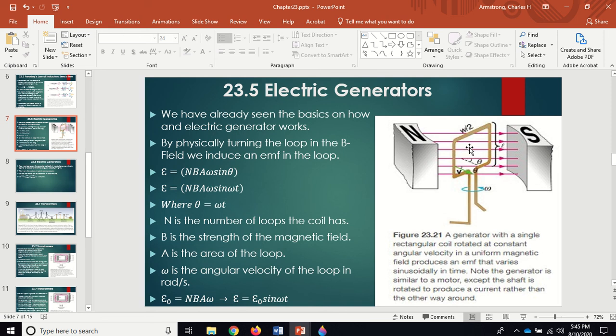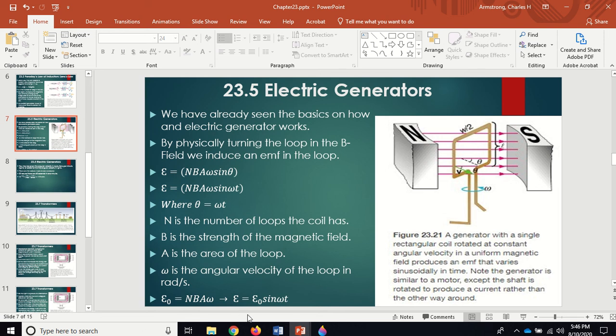That vector that is perpendicular to the area goes from being 90 degrees, so cosine of 90 degrees is 0, to 0 degrees between the perpendicular to the area and the magnetic field. So then you've got maximum. So that was the change in the magnetic field from 0 to the maximum magnetic field.